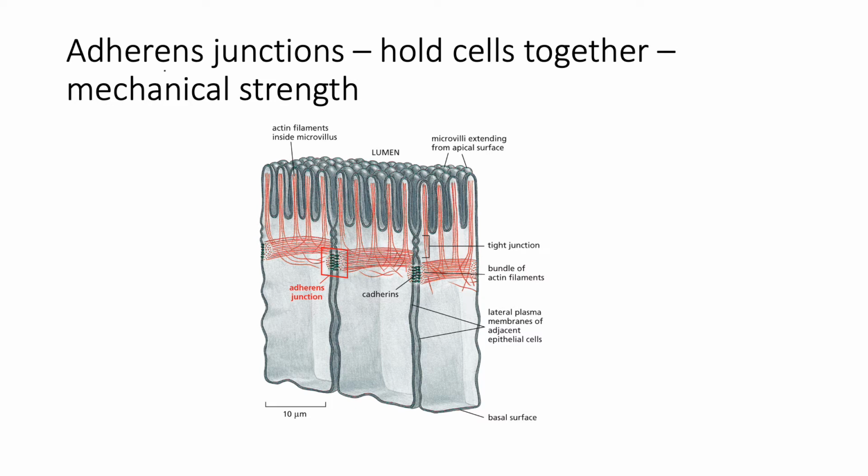And we're going to look in a minute at another type of anchoring junction, which is called a desmosome. The principle is kind of the same, but the drawings illustrate it a lot better.